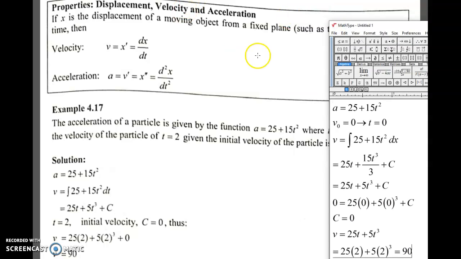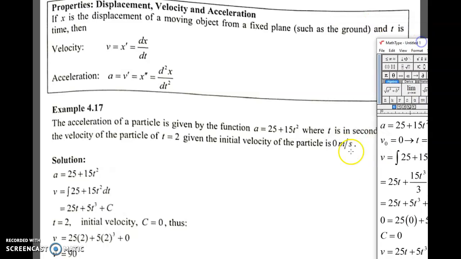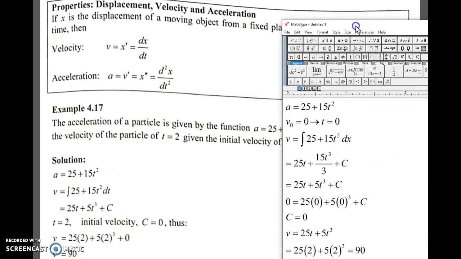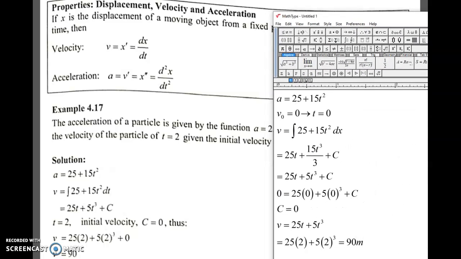It is m over s, meter per second. So that is for the first topic, displacement, velocity, and acceleration. Okay, thank you.